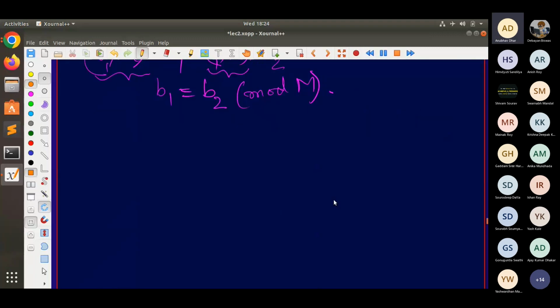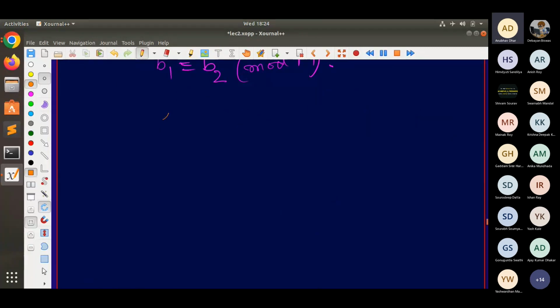Okay, now the only problem is for numbers like 10 to the 9 plus 7. You cannot just simply calculate this plus 5 for any A that you are given.